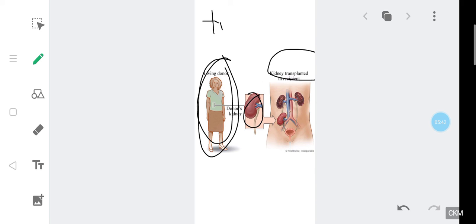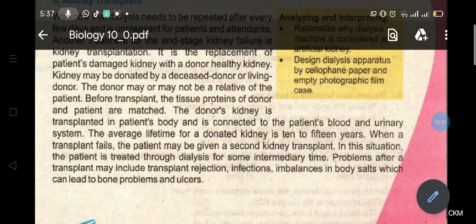There is a break between the first and the second attempt, and during that time the patient is attached to hemodialysis again. The average lifetime of a donated kidney is 10 to 15 years. What happens if a patient's transplanted kidney fails? Then obviously the doctors do a second attempt.